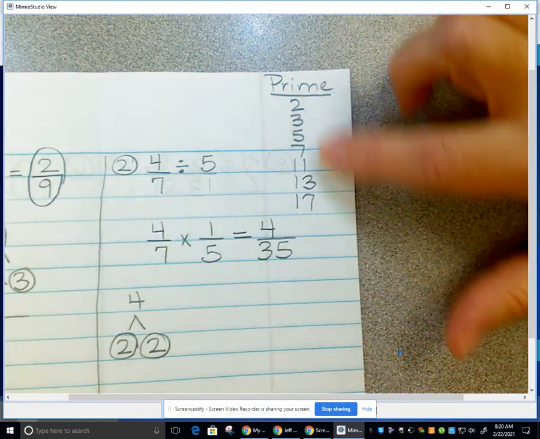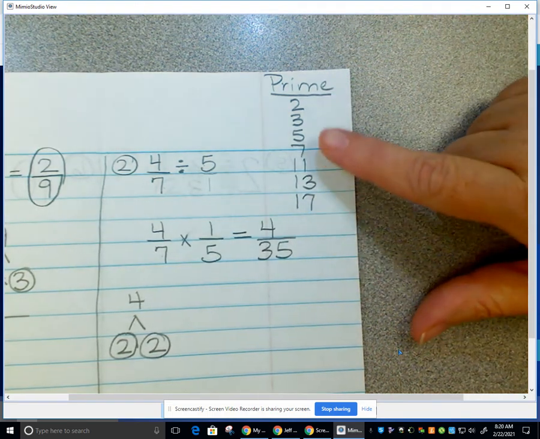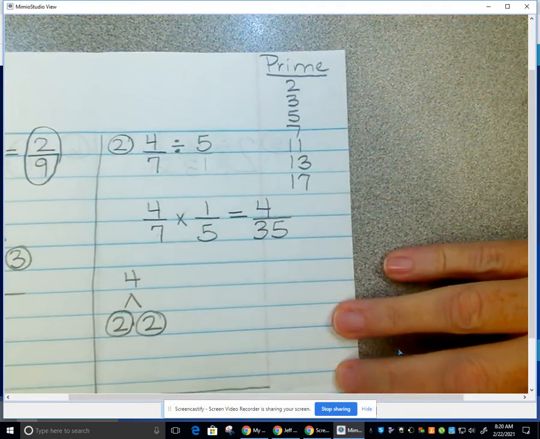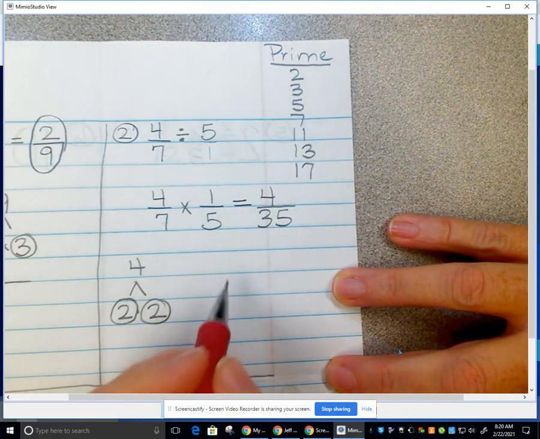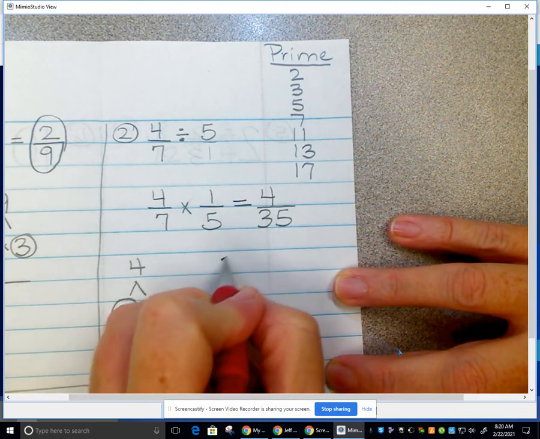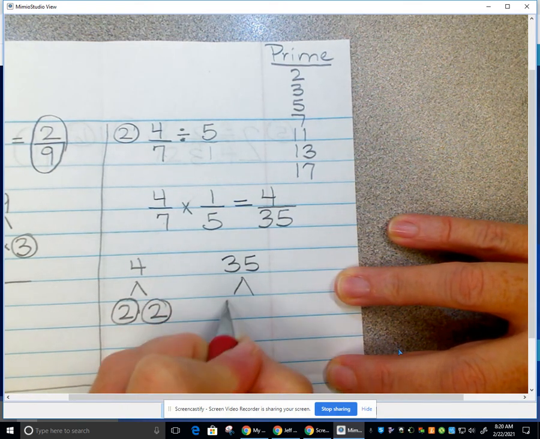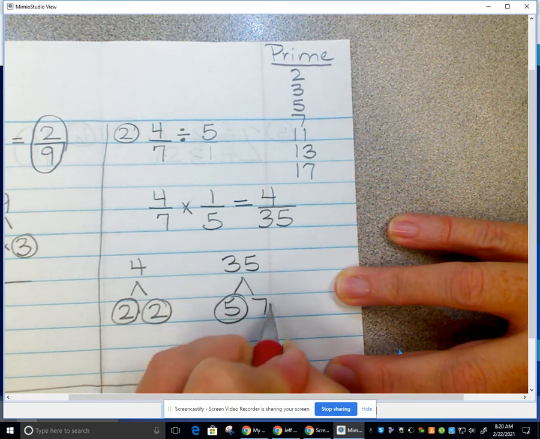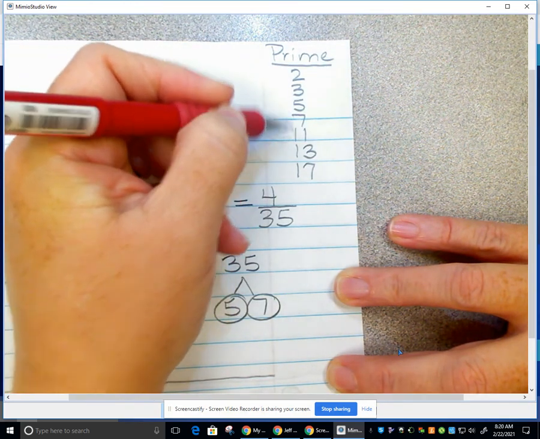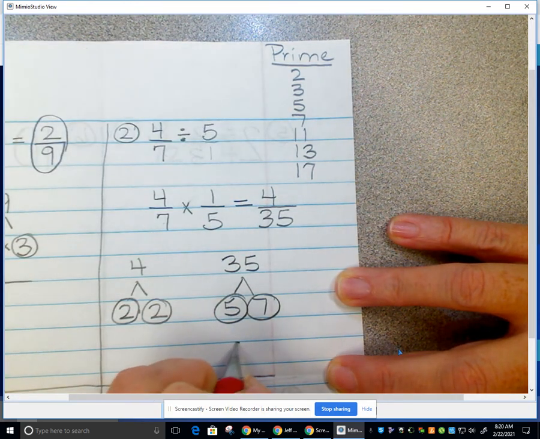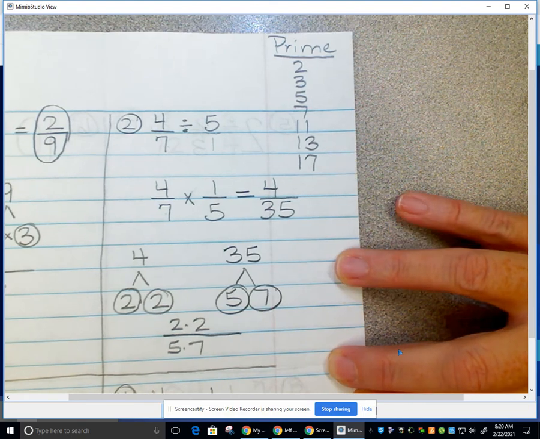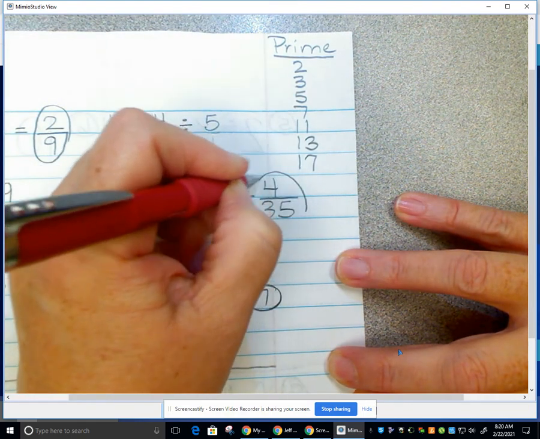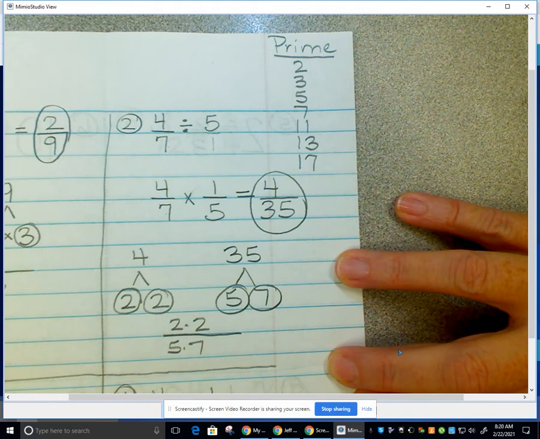I don't think you'll need to go that high, but this will get you by with factor trees with the low numbers that we're using. And if it's on that list, you circle it. Okay, then 35, 5 and 7, prime, prime. And of course, we saw those on the list. That's why I circled it. I'll draw my line. I'll put 2 times 2 on top, 5 times 7 on bottom. I don't have a match, so my final answer is 4/35.